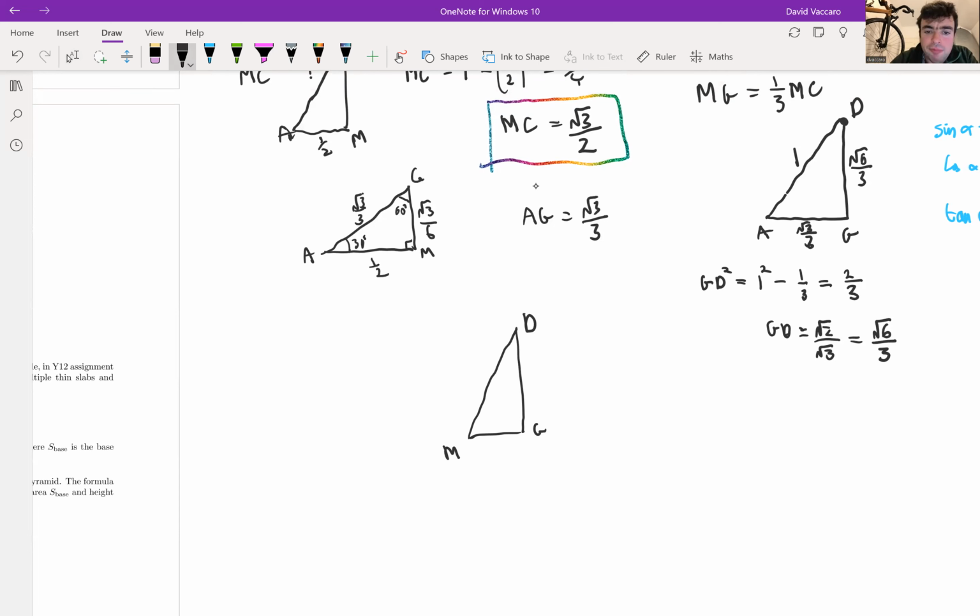We know GM from our previous work is √3/6. We know DG by our previous work is √6/3. And I guess we don't need to find the length MD.